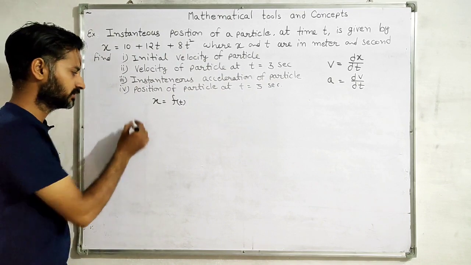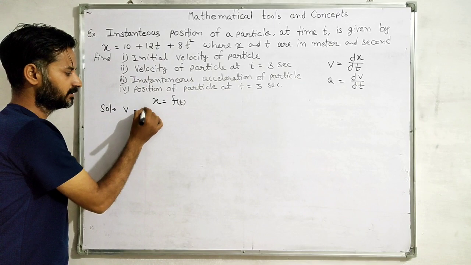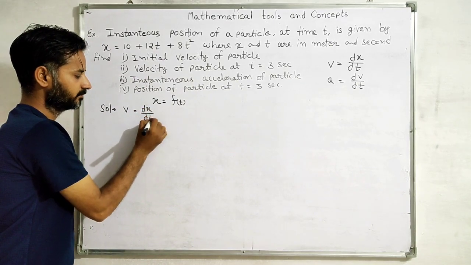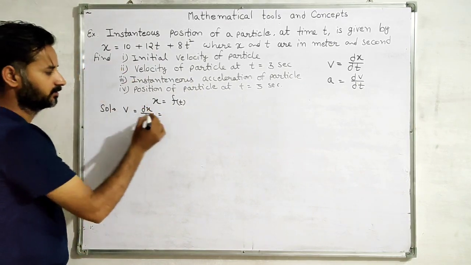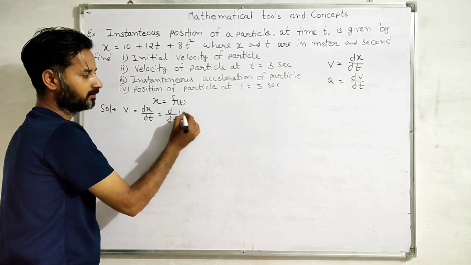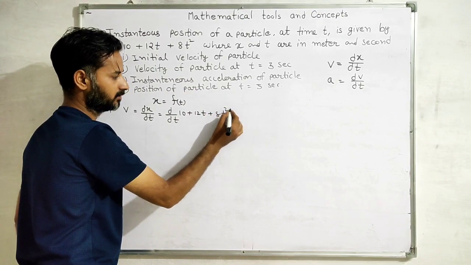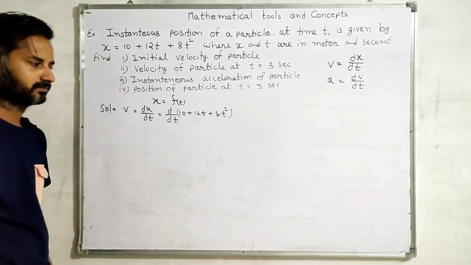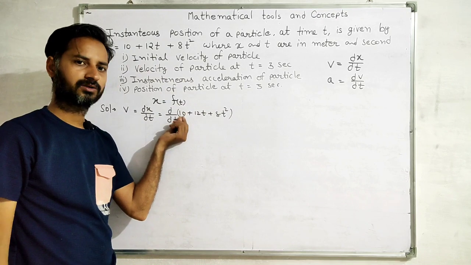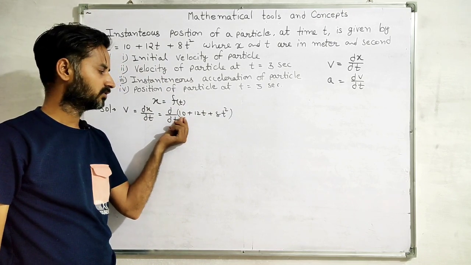Then the velocity v will be dx/dt, which is d/dt of 10 + 12t + 8t². The 10 is constant, so its differentiation will be 0.